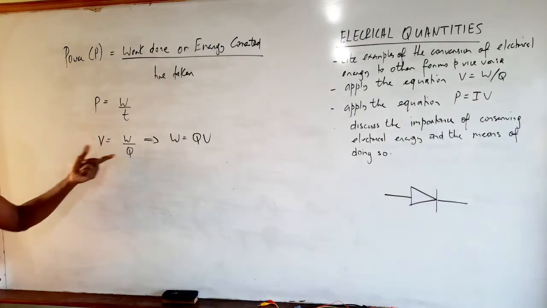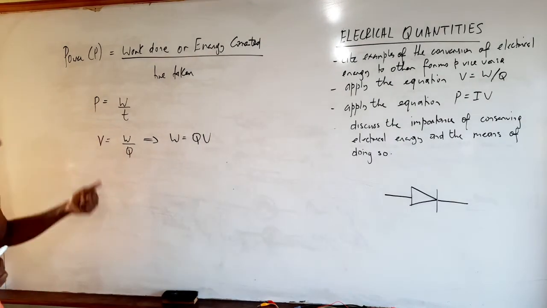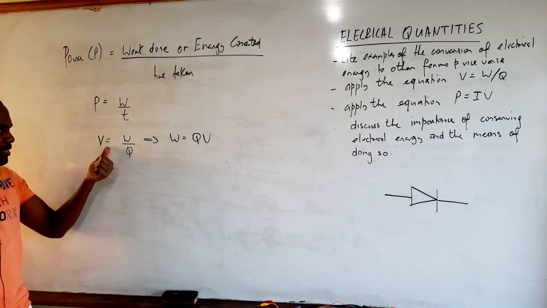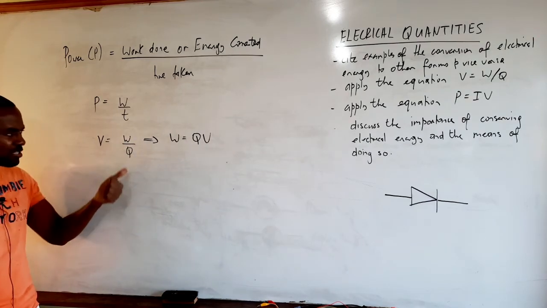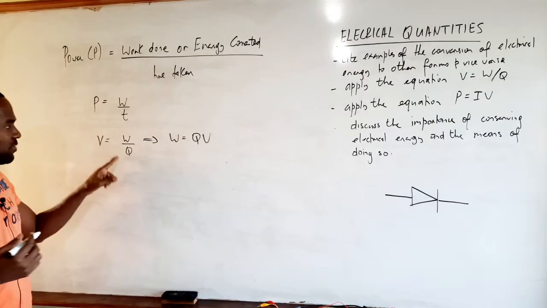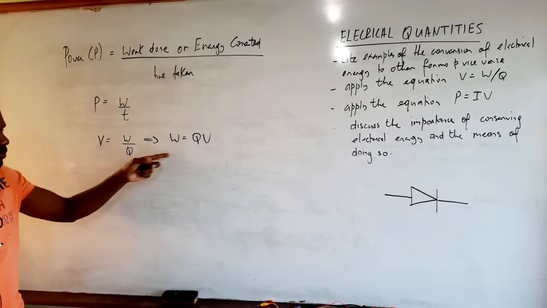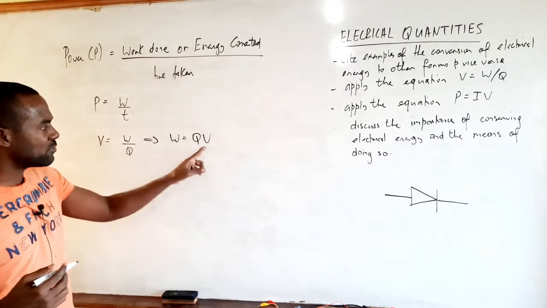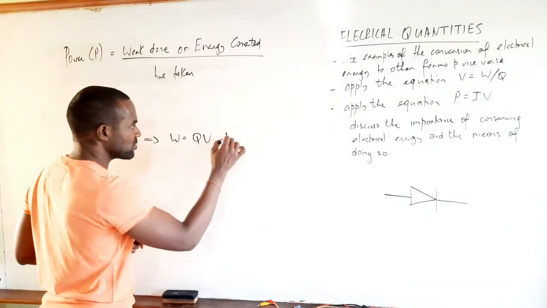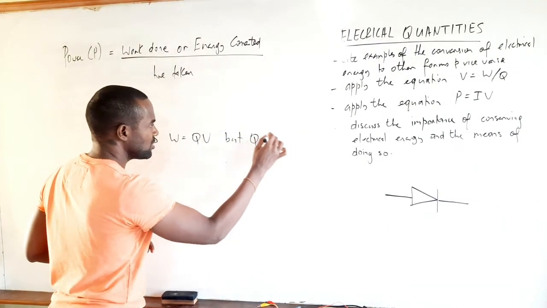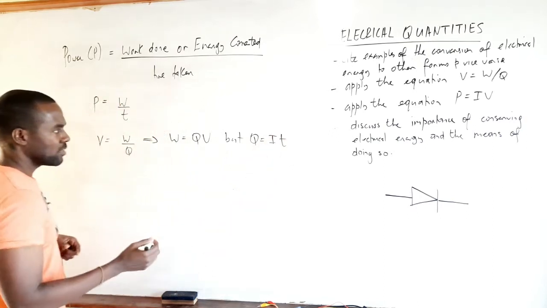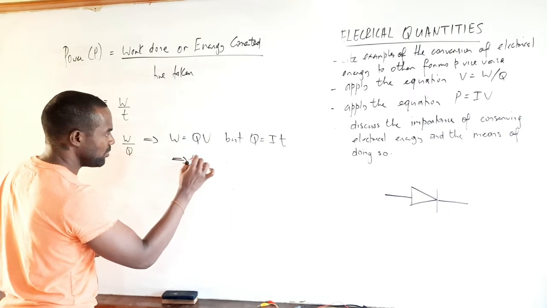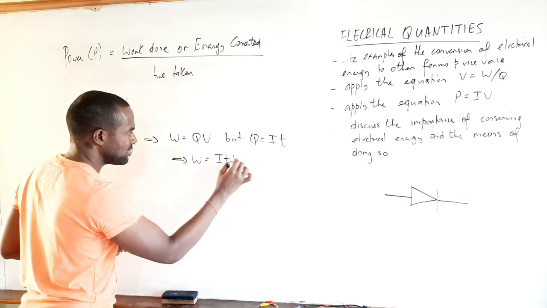So this equation, as given by the syllabus, is the equation which defines PD in terms of the energy converted divided by the charge flowing. So V is equal to W over Q, which means that W is equal to QV. But of course, if you recall, we would have met an equation for Q, right? We can say that Q is equal to IT. And therefore, this means that W is equal to ITV.